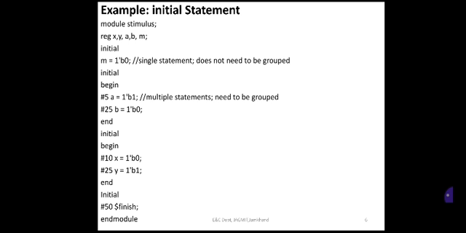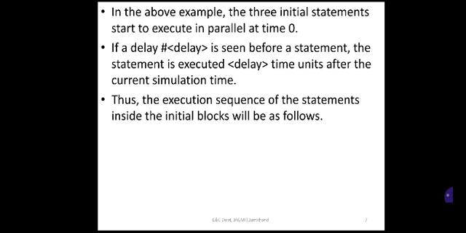The second initial block finishes at the 30th time unit. The third one is 10 plus 25, so the total is 35. It starts at 0 but ends at 35 time units. And the last one, system task finish, executes after 50 time units. It starts at 0 and ends at 50 time units.